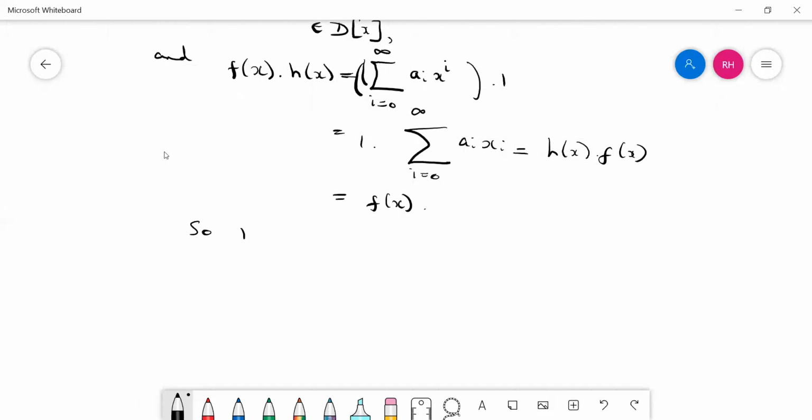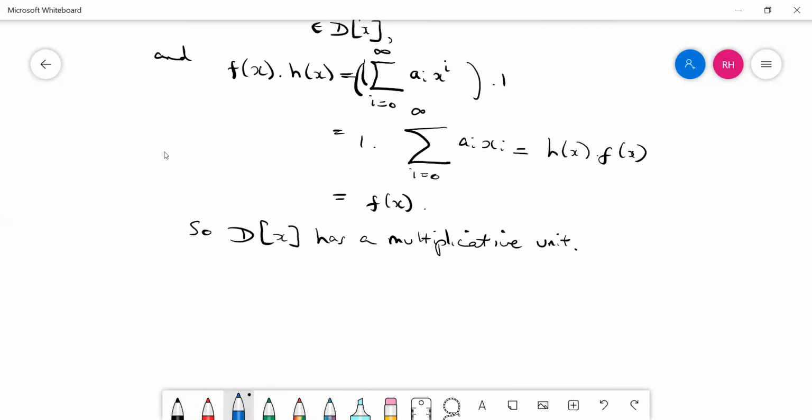So D[x] has a multiplicative unit. Now, if this is all a bit confusing, let's just write this in red.